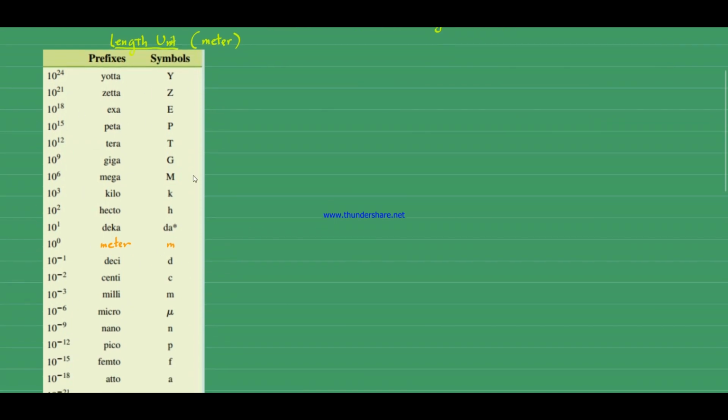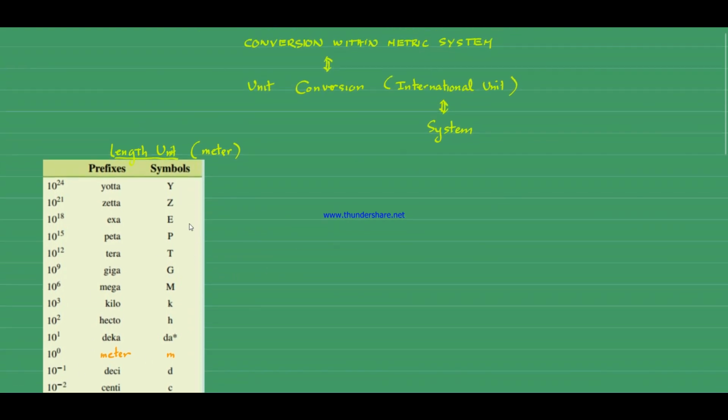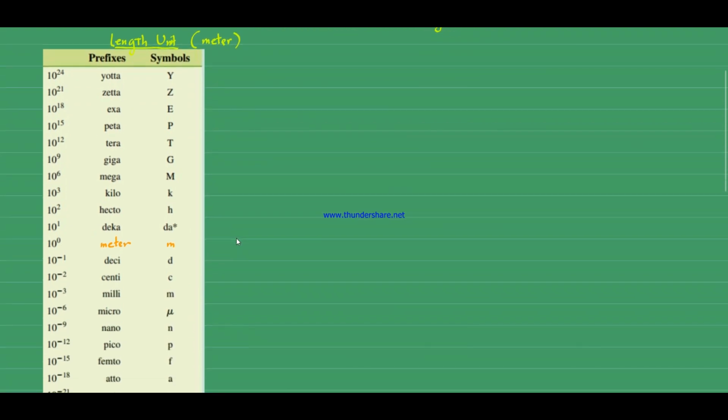We just need to change correspondingly to the volume, the area, or the temperature, but we always have to use this table, and this table is going to help you convert within the metric system. So the 10 to the 0 over here is meter.